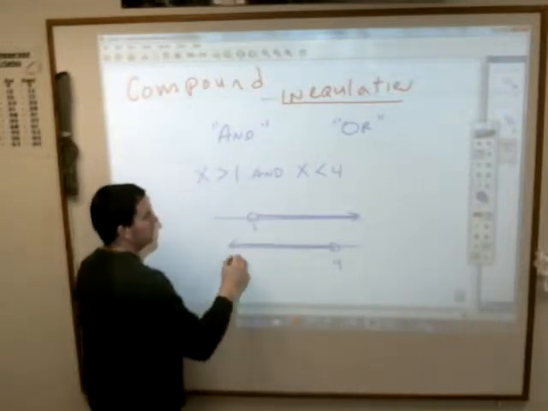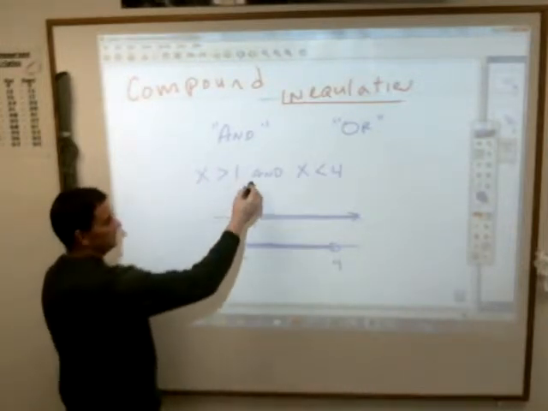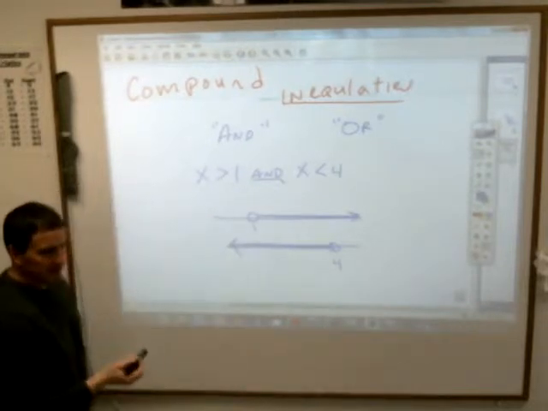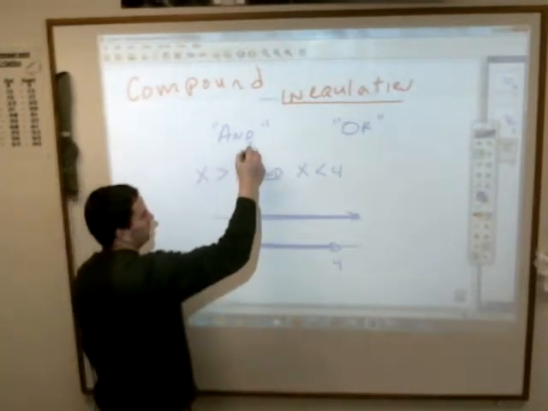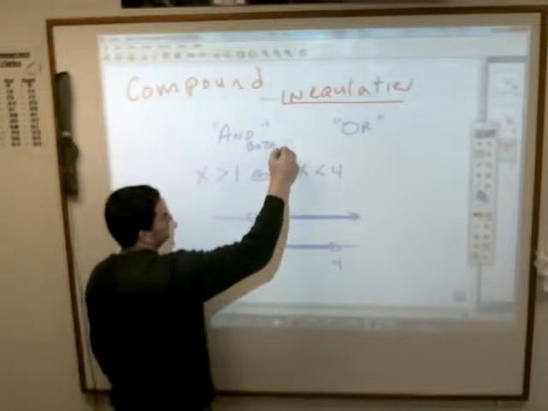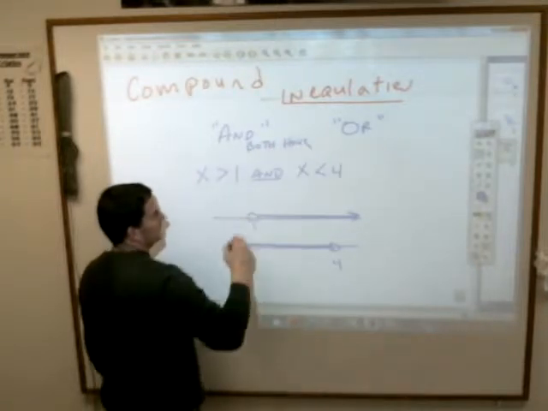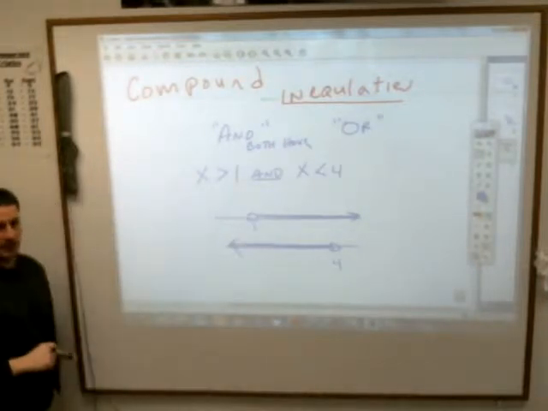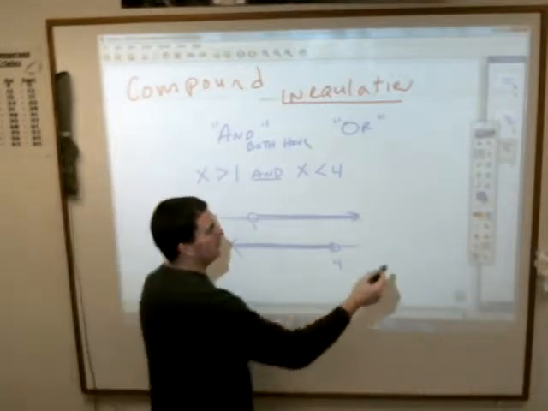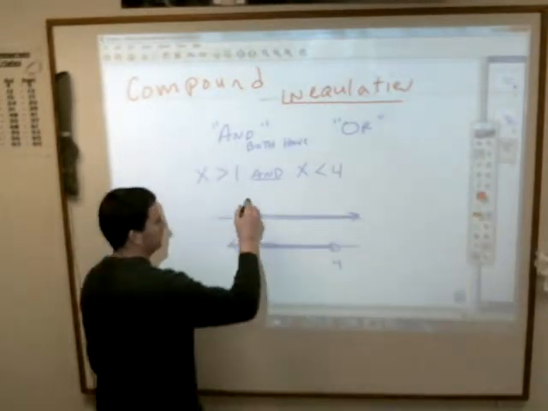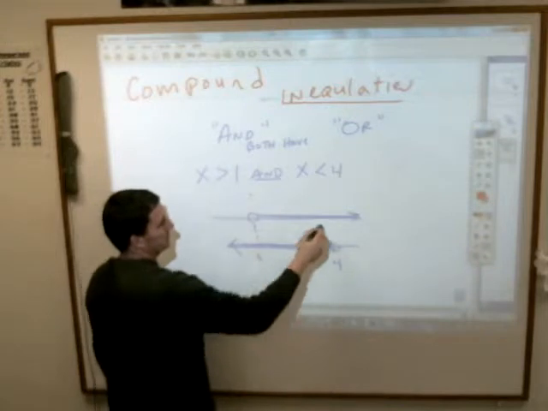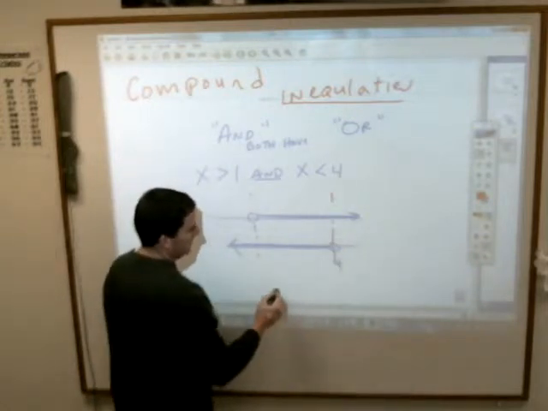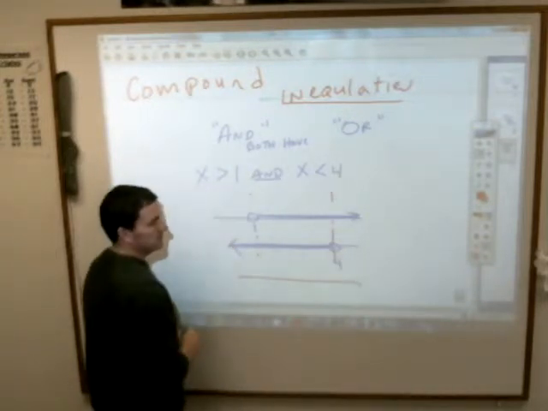But because of this word "and", when that word is in there, it means that both have to be true. The place that's true on this is the overlap. If you draw a dashed line like this and a dashed line like this, what makes this true?